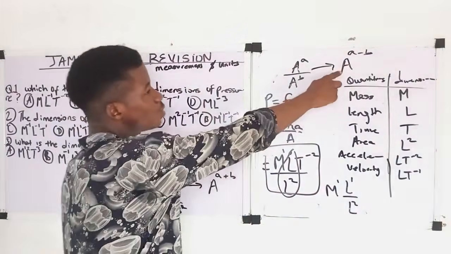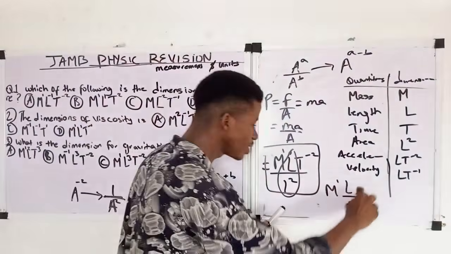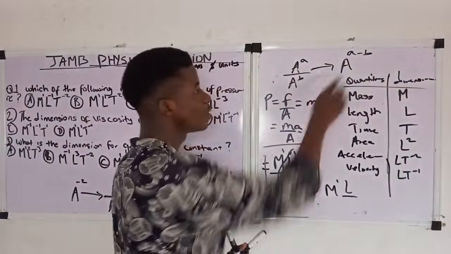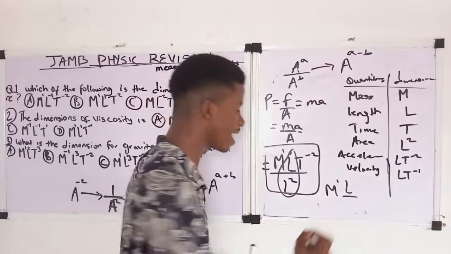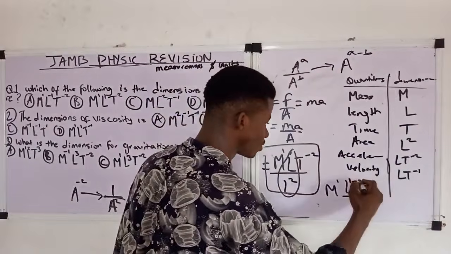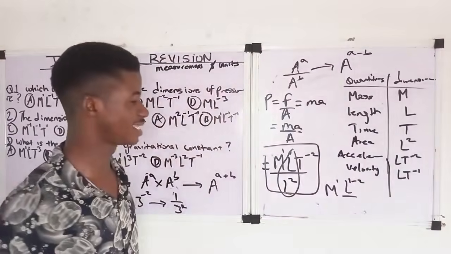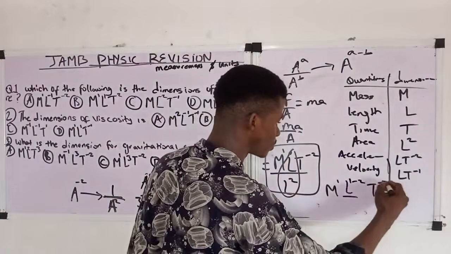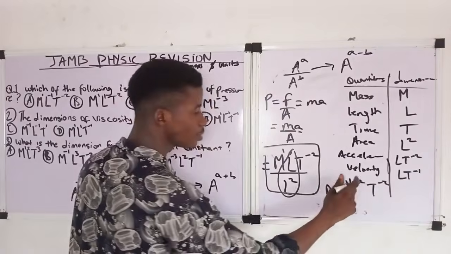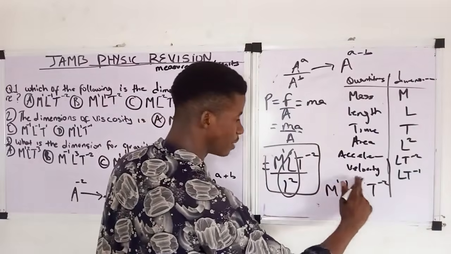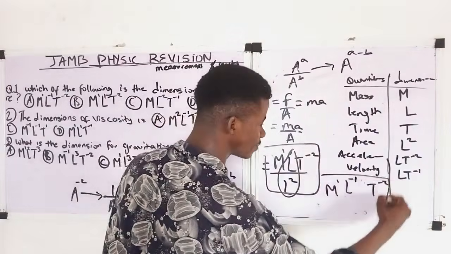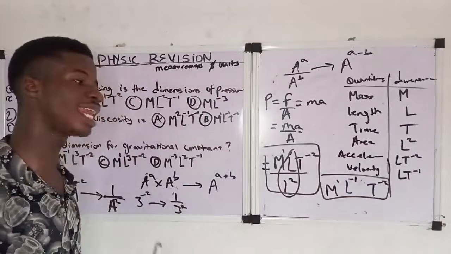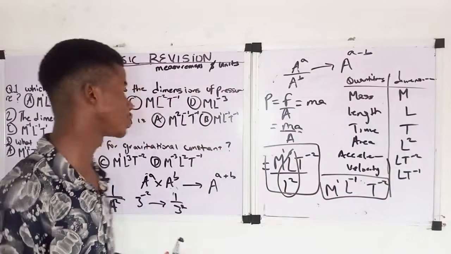So what are we going to do? We'll take one of the bases and subtract their powers. 1 minus 2, right? And let's not forget our T raised to minus 2. So 1 minus 2 is minus 1. So this is the dimension for pressure: M1 L raised to minus 1, T raised to minus 2.